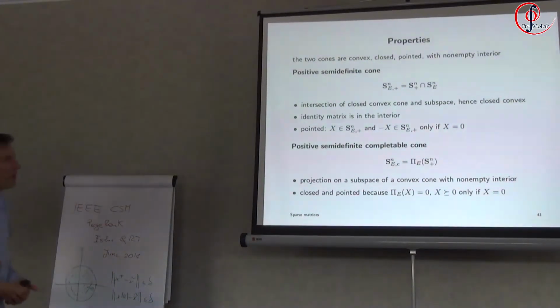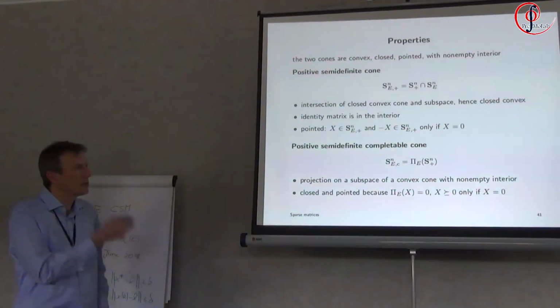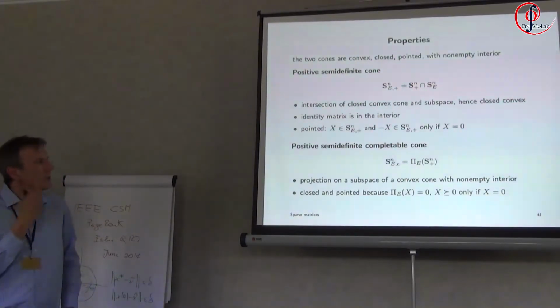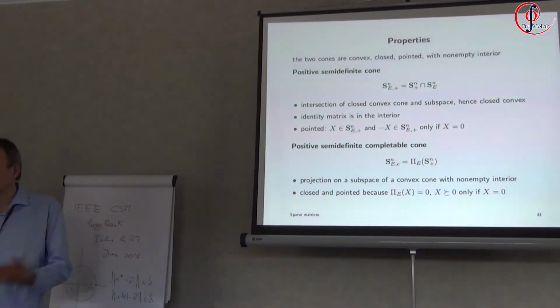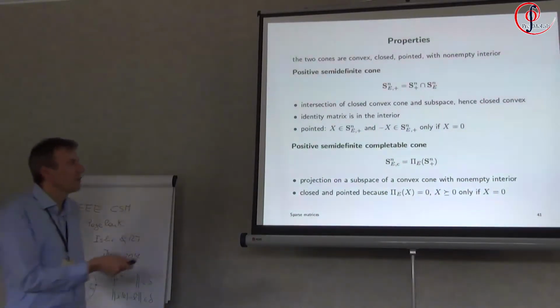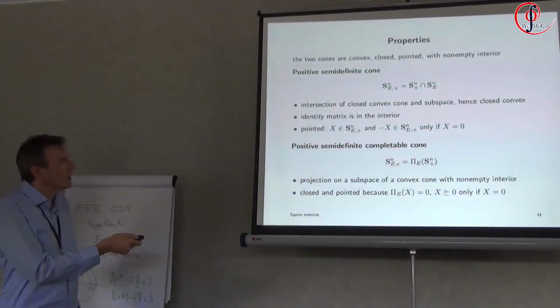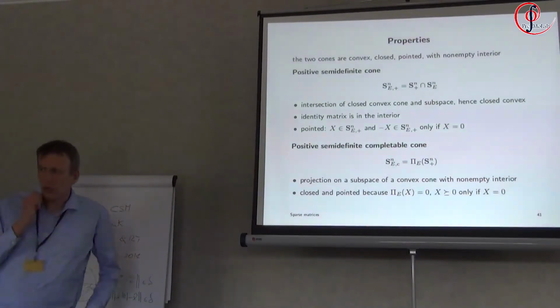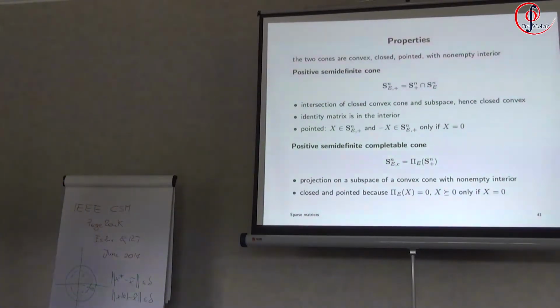So if a positive semi-definite matrix projected on that pattern would be 0, that means that the original matrix would have a 0 diagonal, so it would have to be a 0 matrix. So anyway, there's a simple reason why the second cone is also a closed cone. So both cones are convex, closed, pointed with non-empty interior.